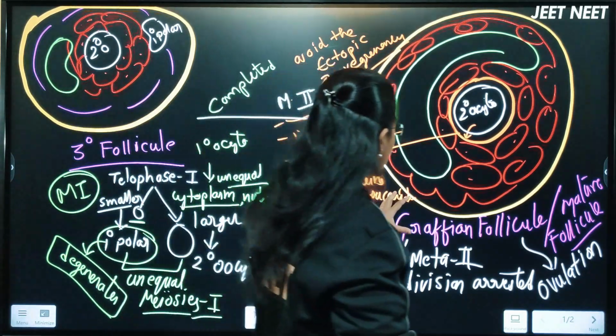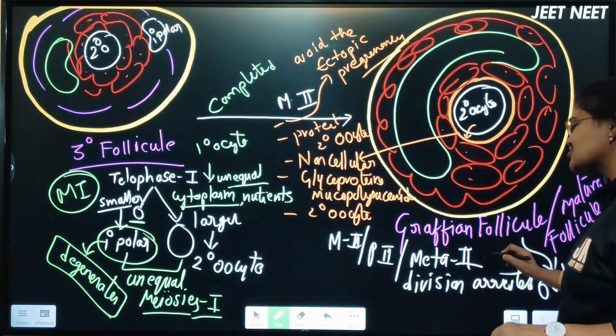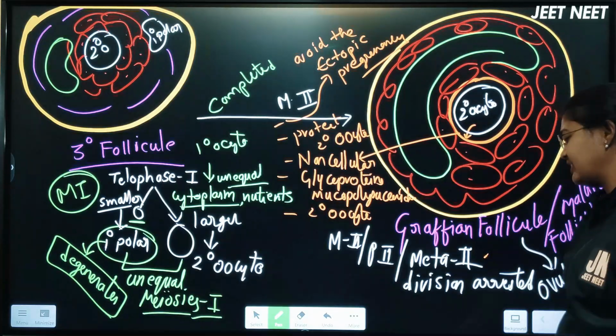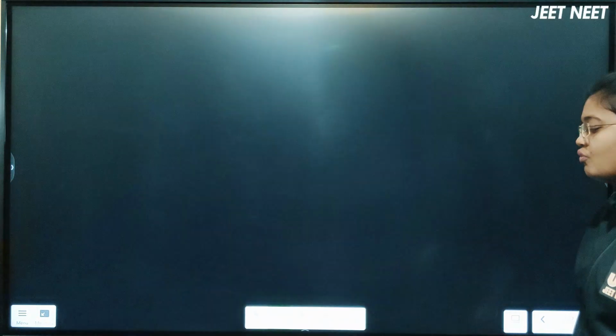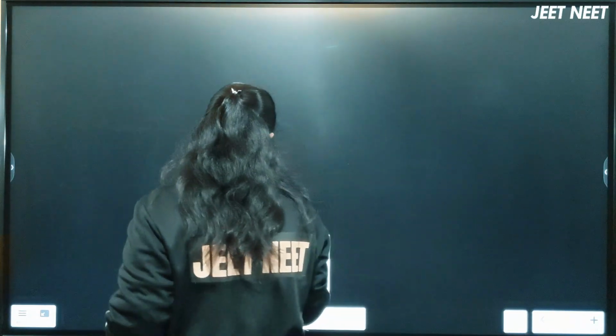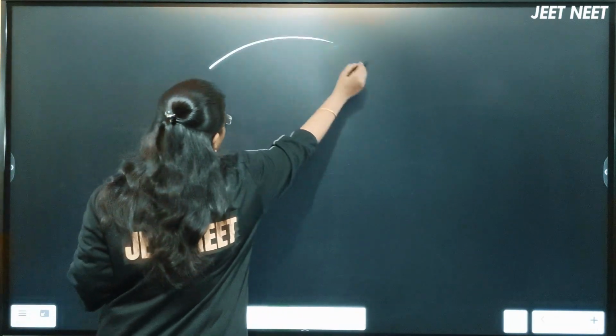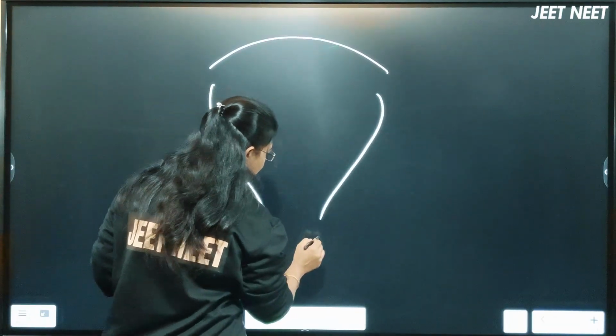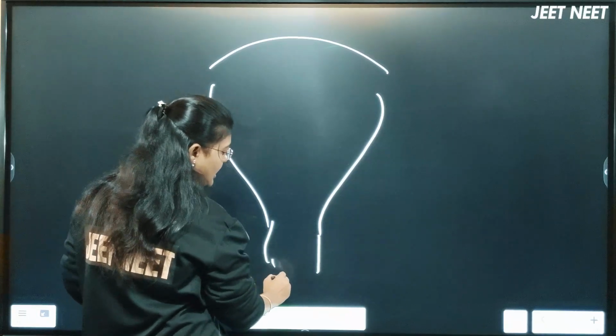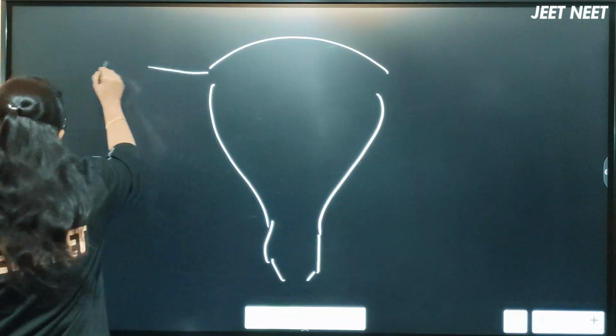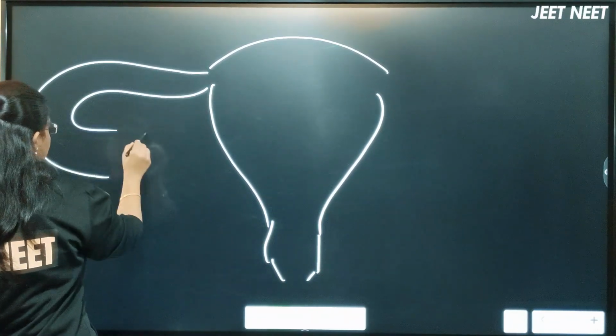Clear this point? Now the Graafian follicle stopped its division in metaphase 2, right? Now what will happen here? Once the Graafian follicle has stopped its division at metaphase 2, imagine this is the uterus, cervix and the vagina. Here the fallopian tube is present, right?